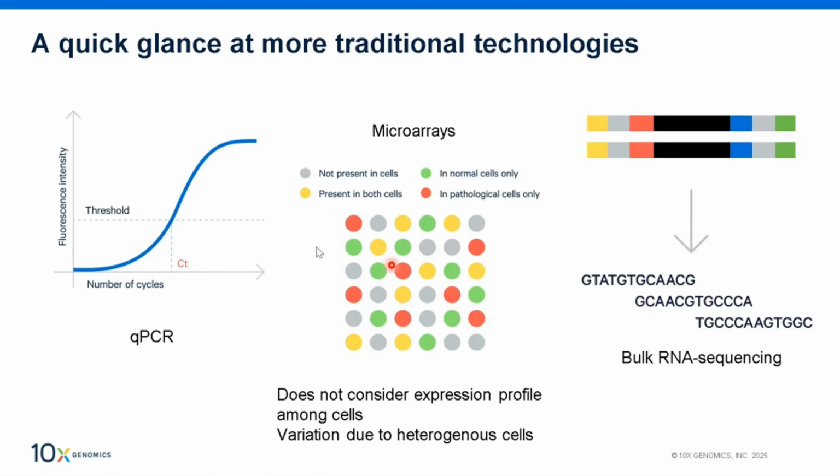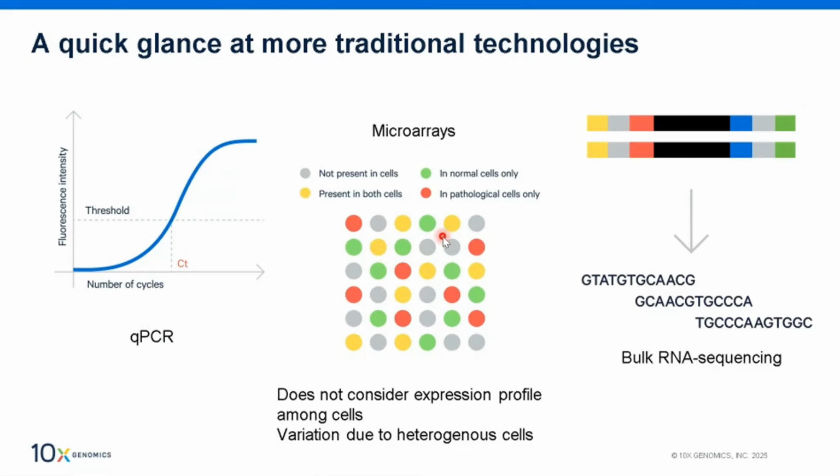However, these three methods have one thing in common, which is that they do not consider the expression profile between or among cells. What I'm trying to say is, when we extract RNA for this kind of study, most of the time we are extracting RNA from possibly 100,000 or even a million cells.